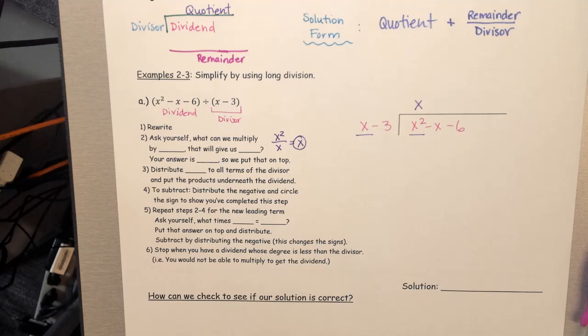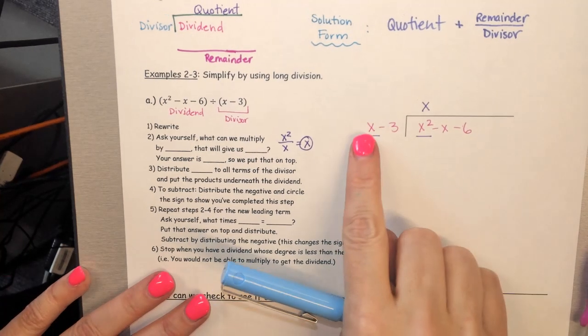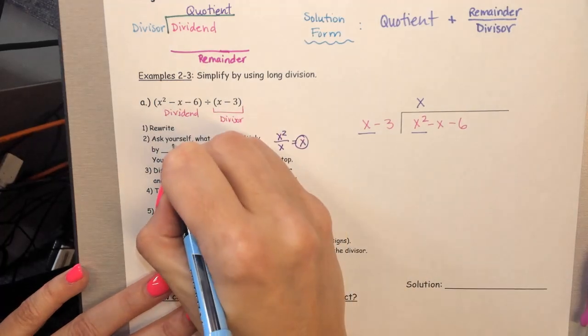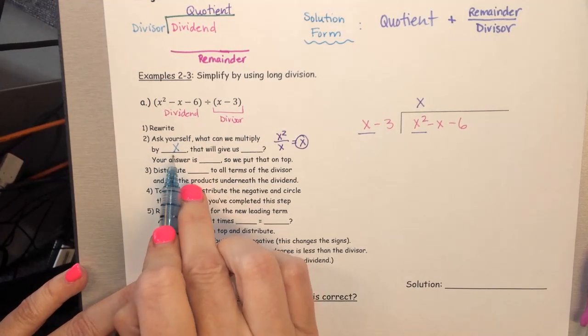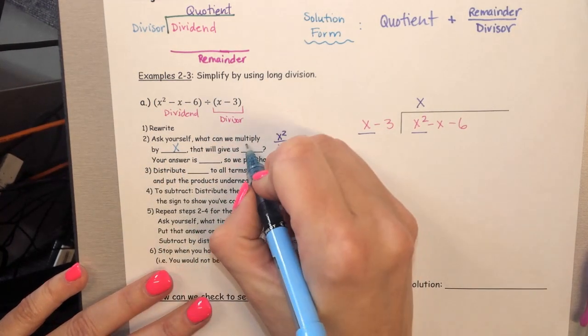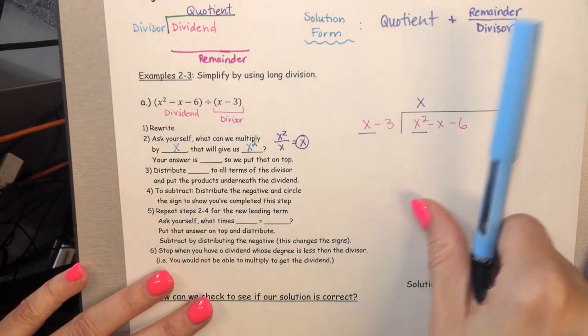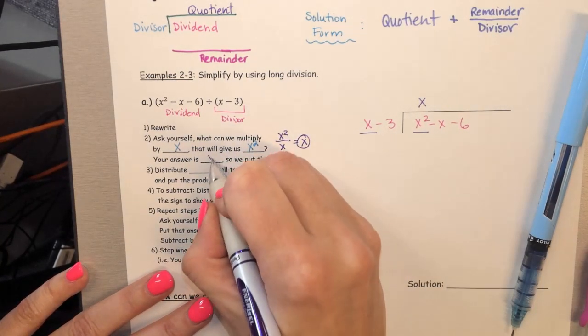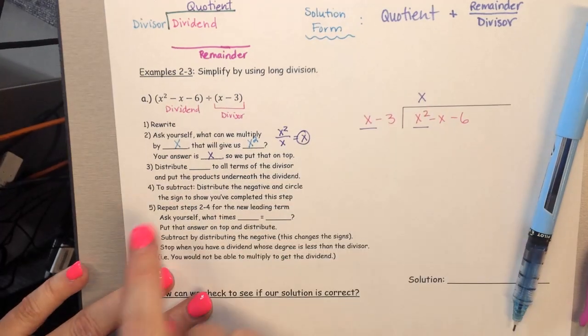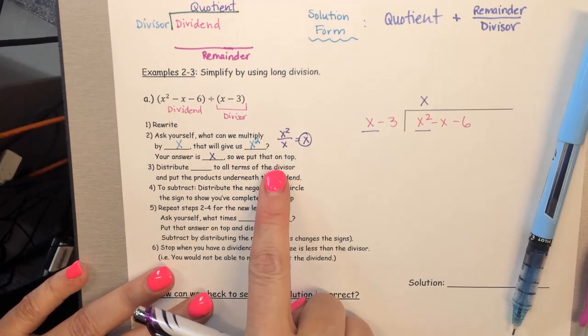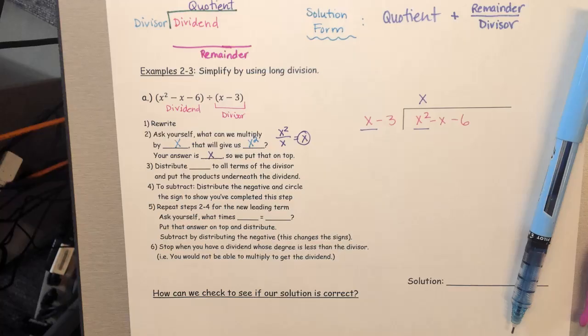I found as people do this, sometimes they don't think of it as division, but more so they're asking themselves this question: what can I multiply by x to get x squared? So that's what I wrote here for you. What can you multiply by x that will give us x squared? Okay, and your answer is x, so we put that on top. Okay, so we just did these two steps together. Any questions about why x is on the top there?